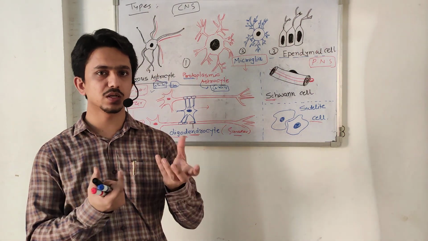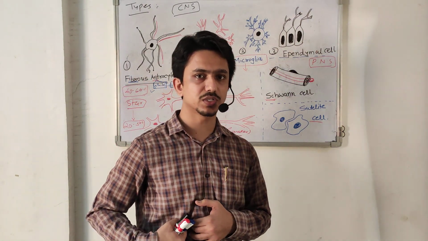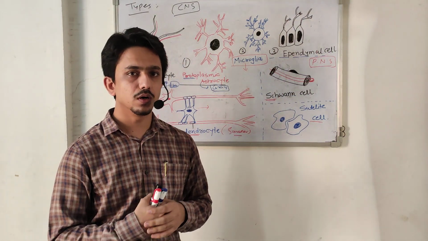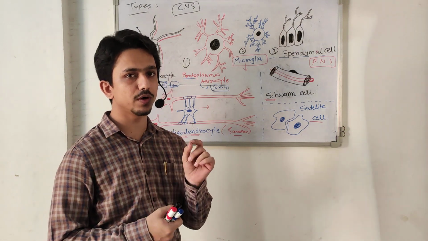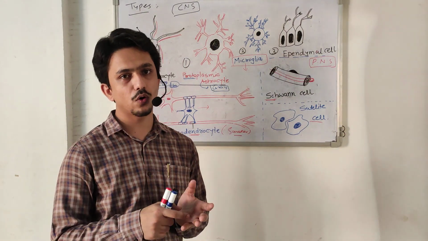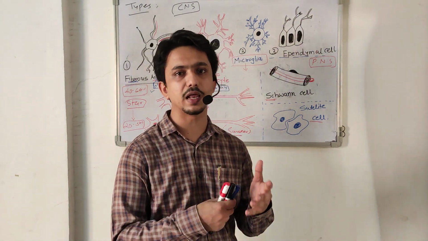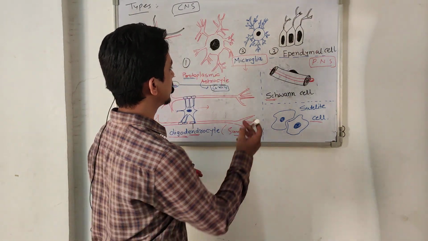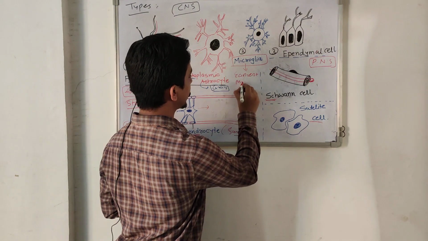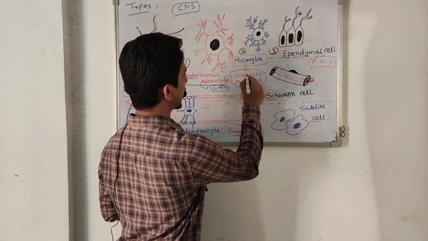Some monocytes remain permanently in some organs, like Kupffer cells in the liver. Microglia are also a derivative of monocytes, the earliest monocytes from early life, during developing life, that differentiated into microglia.